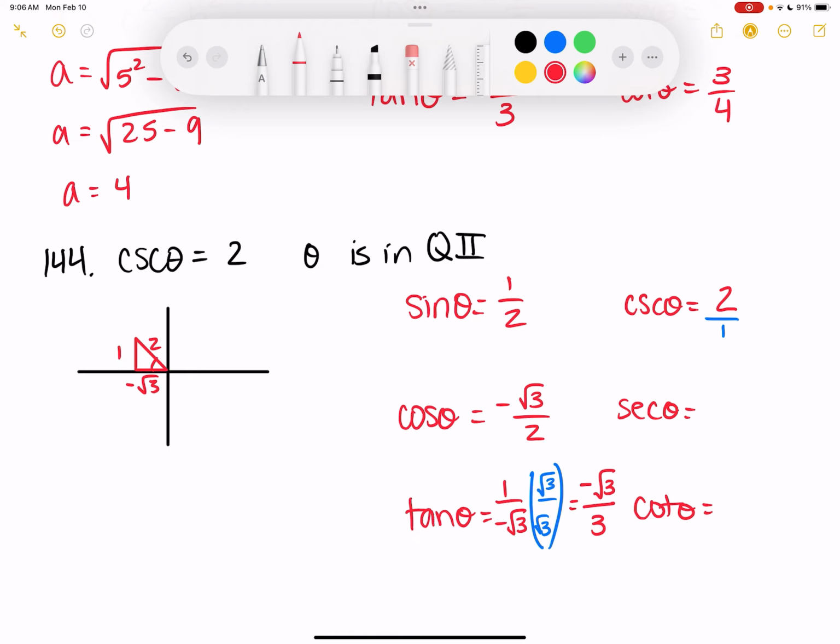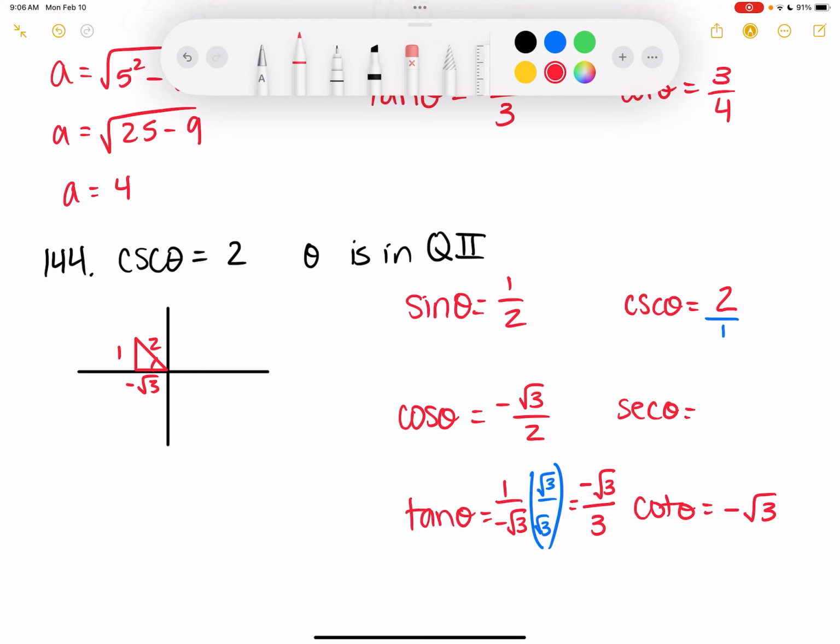If I use the original that I had, 1 over negative root 3, and I flip that, I just have negative root 3 over 1. I don't need the over 1 part. So it's nice and easy. I don't have to go back and do extra math. It's up to you how you want to do it, but I like to have the original so that I can just flip it and not have to re-rationalize it. It's not hard. It's just another extra step that you can avoid if you can help it.